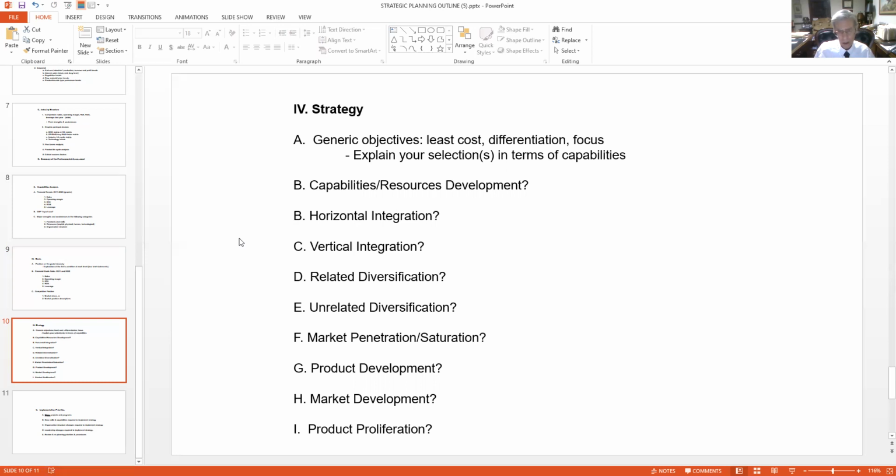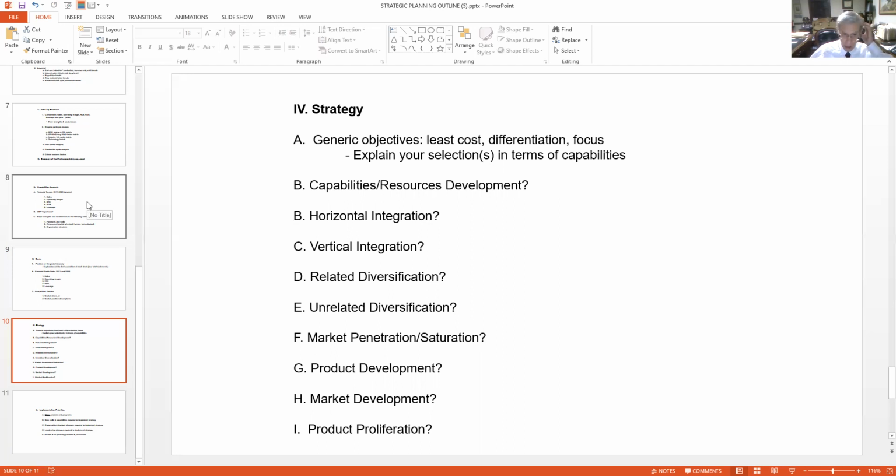I think in all cases of the companies we're looking at, it's probably industry-wide, but we need to nail that down before we go looking at the other strategies on this list, because each of those will explain how low cost and differentiation are going to be accomplished.